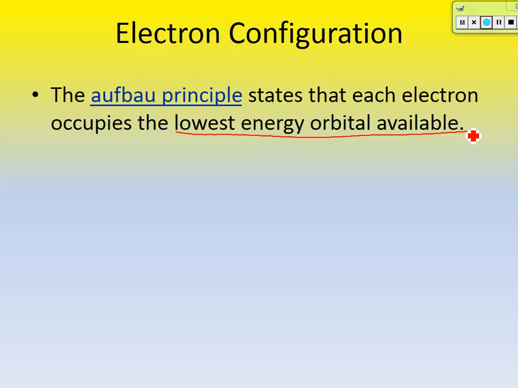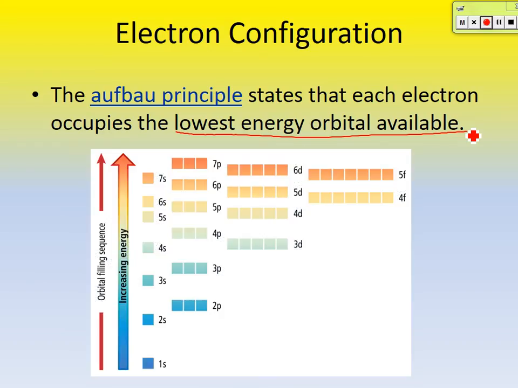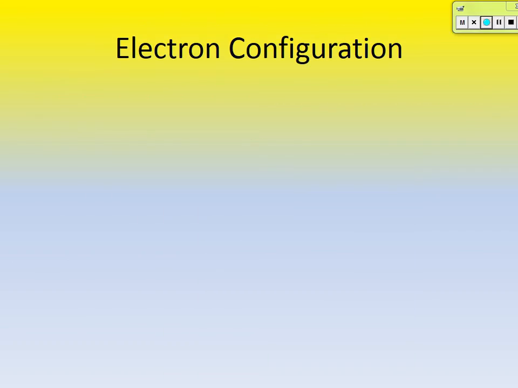And then they'll work themselves out away from the nucleus. So we're always going to start filling the electrons in the 1s orbital. And then we'll go to the 2s, and then 2p, 3s, 3p, and so forth, all the way until we get farther away from the nucleus. This will also make sense as we go through some example problems. But with Aufbau, just remember the lowest energy levels first.